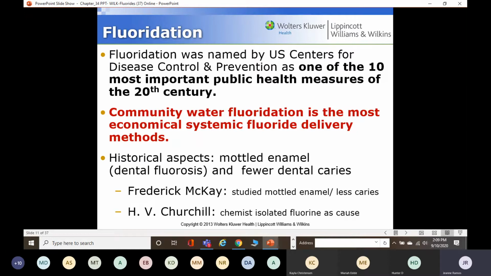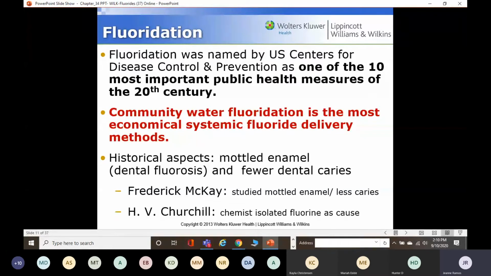And even the CDC is saying that it has helped immeasurably, to the point that it is in the top 10 list. That's saying a lot. So community water fluoridation is the most economical systemic fluoride delivery method that they could give to communities.